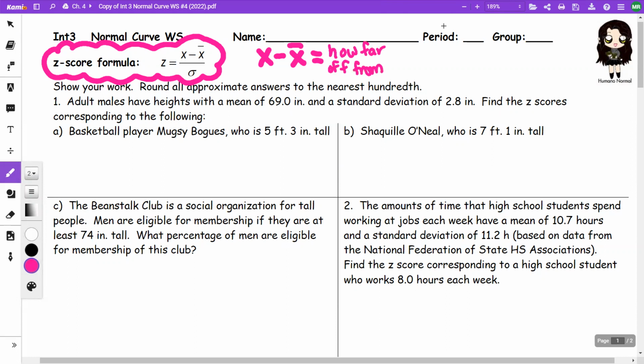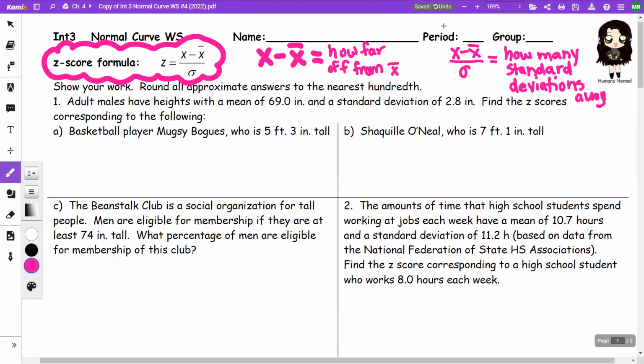Now, when we divide how far off we are from the mean by our standard deviation, that tells us how many standard deviations we are away. And that is our z-score. Okay, that is called our z-score.